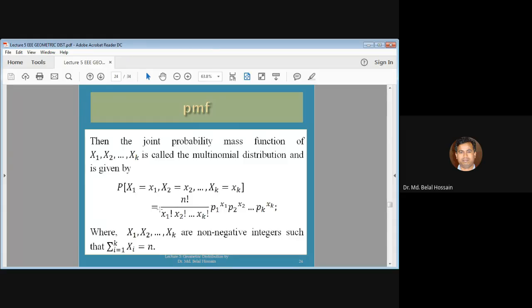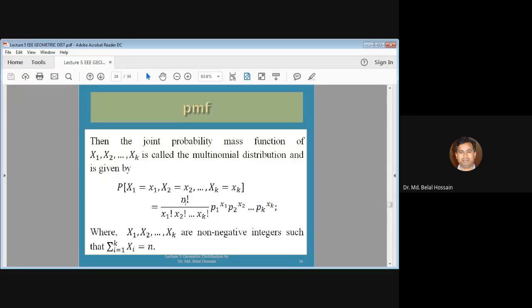So this is the probability mass function of multinomial distribution. So if you are asked to find the probability that x1 equals 0, x2 equals 1, x3 equals 3, etc., just put the values here. You will be given the probabilities, you will be given the n values.